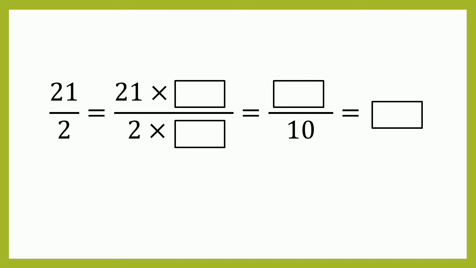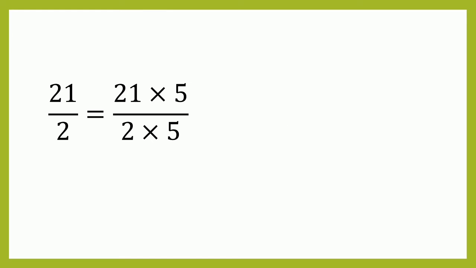So we will multiply 2 by 5 and 21 by 5, because we have to do the same operation on both numerator and denominator. So 21 into 5 is 105 and 2 into 5 is equal to 10. So we will get the answer 105 upon 10.